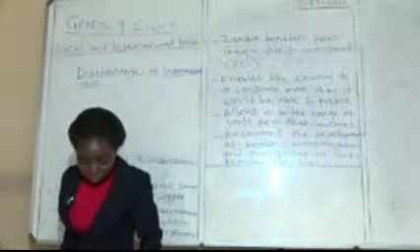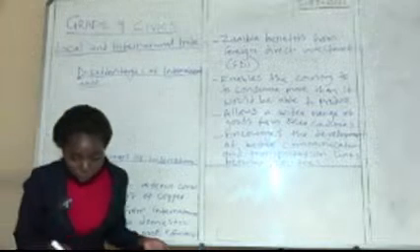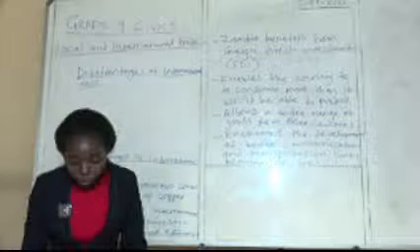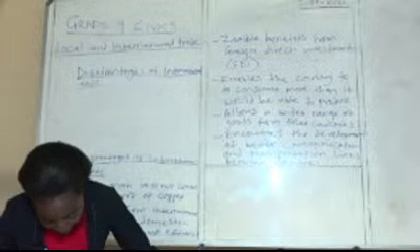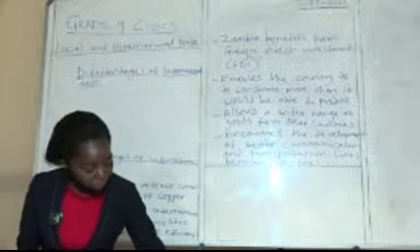Okay, so we are going to look at some of the disadvantages of international trade. International trade and demand for cheap products have made developing nations a dumping ground for second-hand goods.